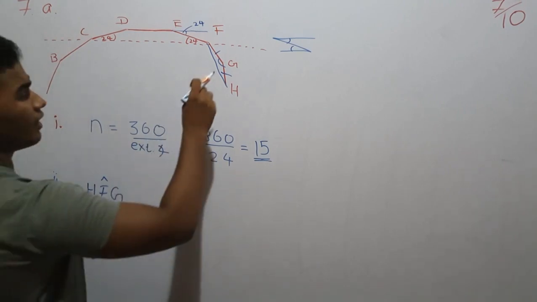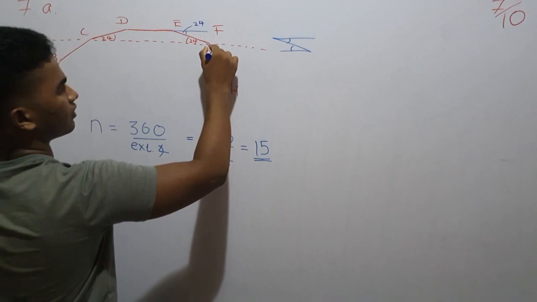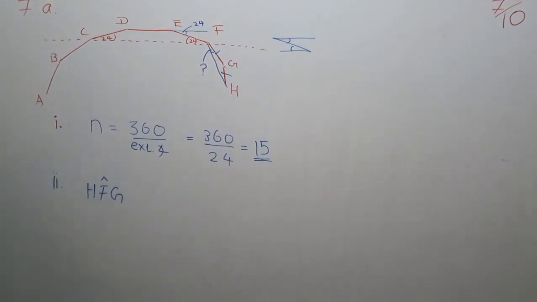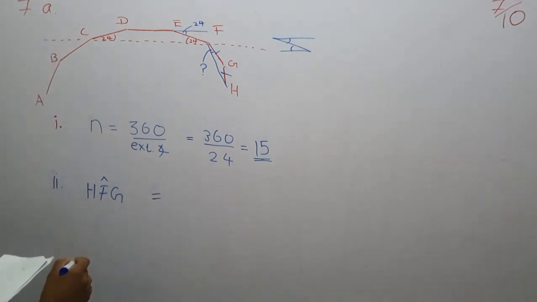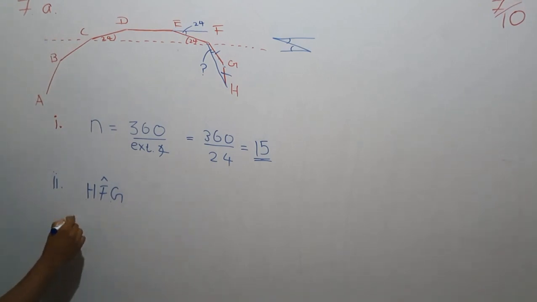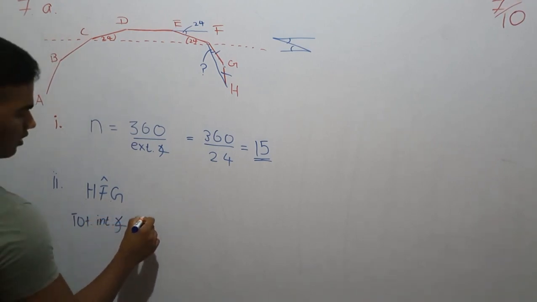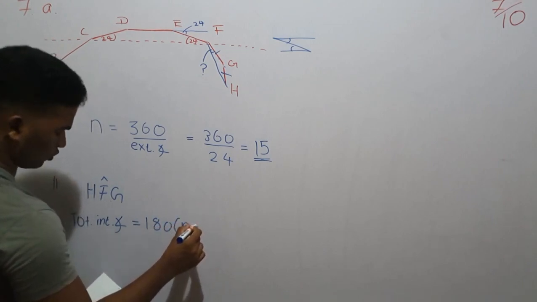We should calculate HFG, not this, but this. First of all, we should get the total interior angle, the sum of the total interior angle. So the formula for that, total interior angle equals 180 into n minus 2.